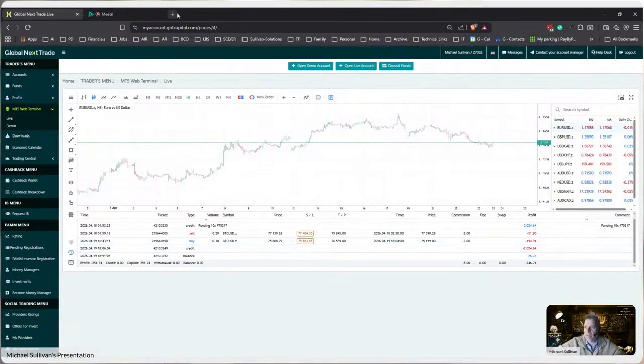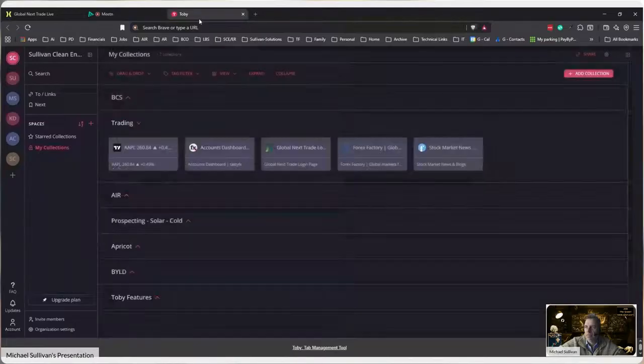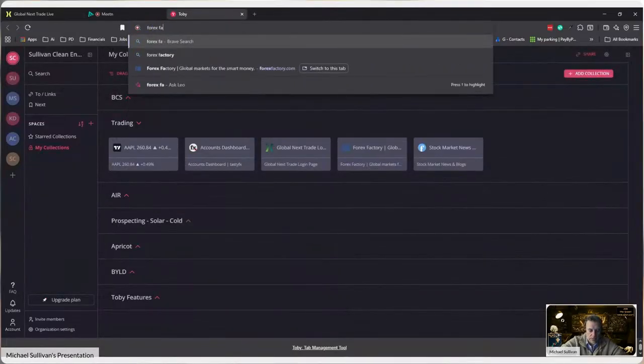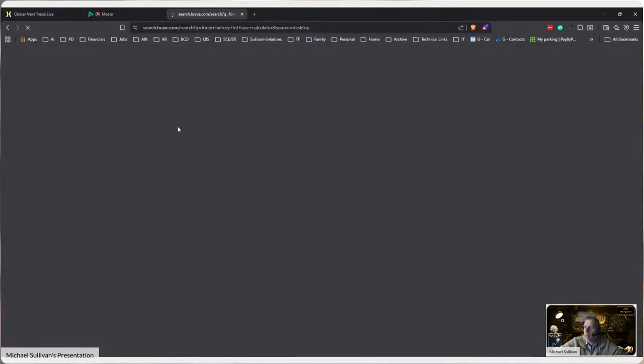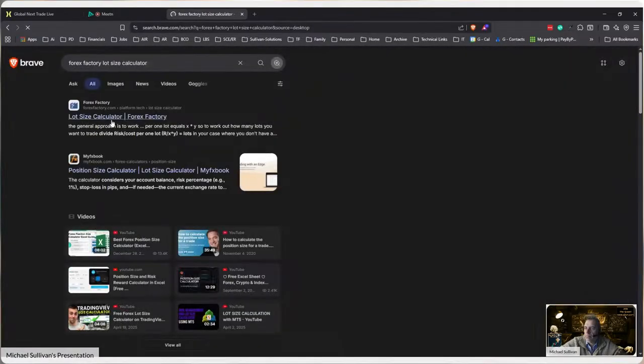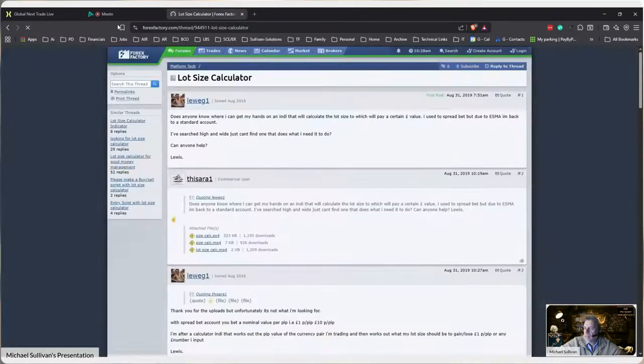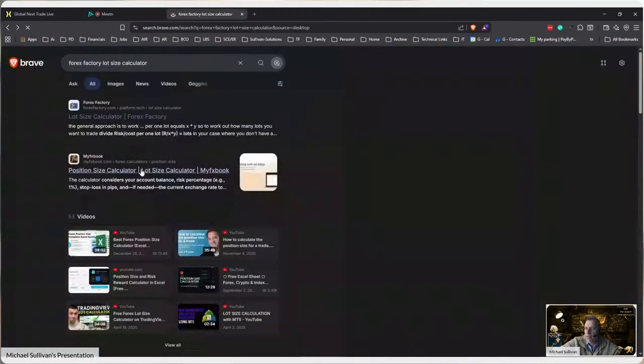There we go. Actually, I think that's better. The position size calculator.